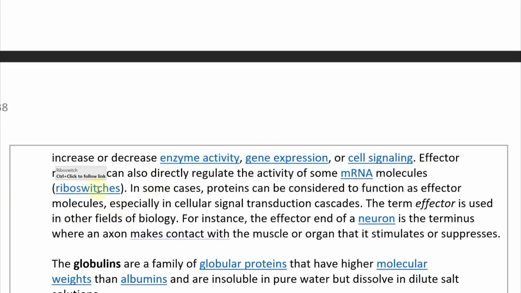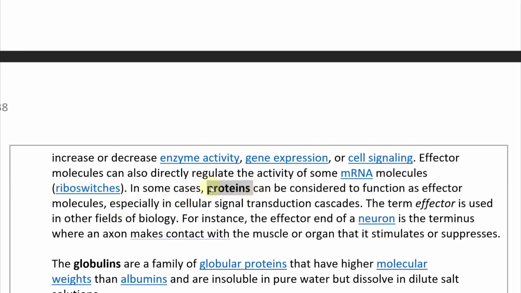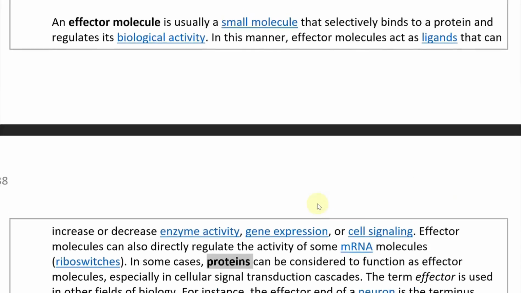It's called riboswitches. In some cases, proteins can be considered to function as effector molecules, especially in cellular signal transduction cascades, so the complement system. The term effector is used in other fields of biology. For instance, the effector end of a neuron is the terminus or end of the neuron where an axon makes contact with a muscle or organ that it stimulates or suppresses.